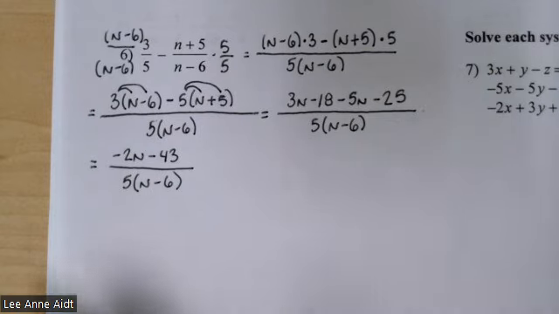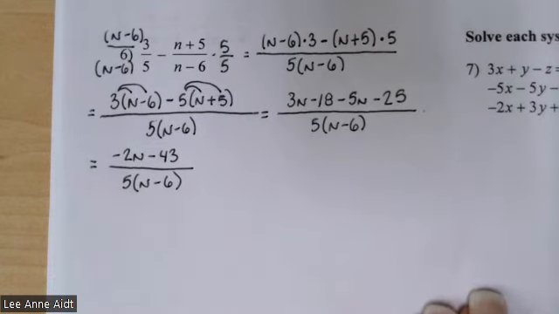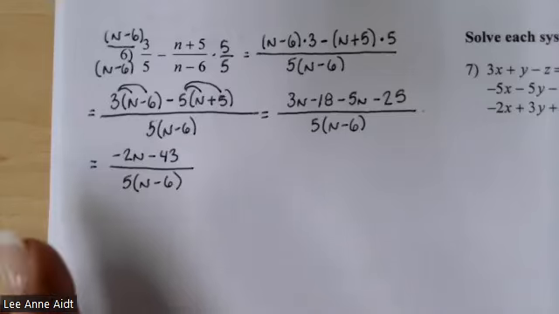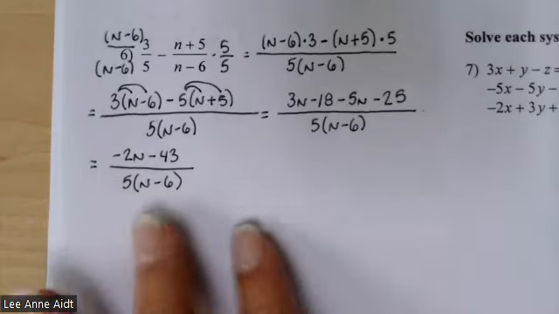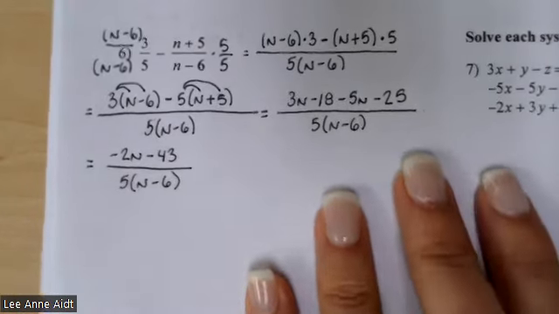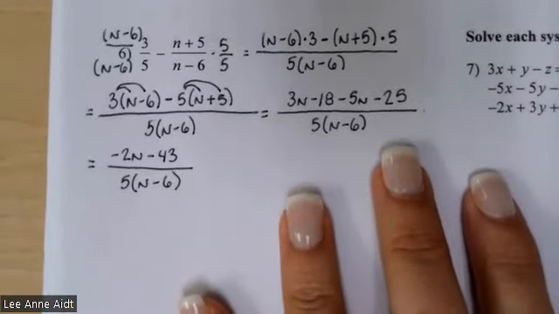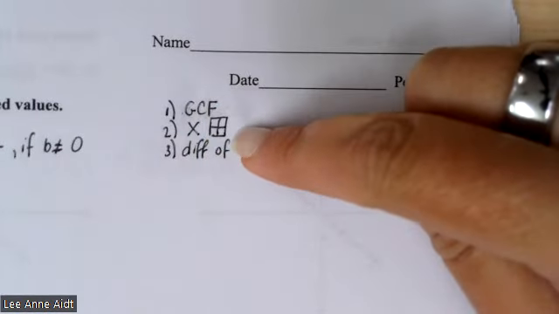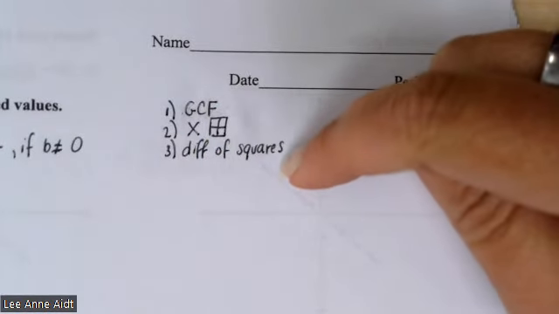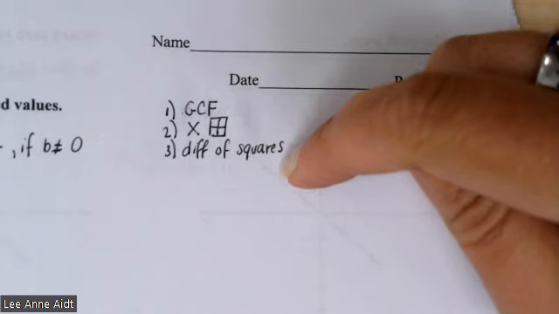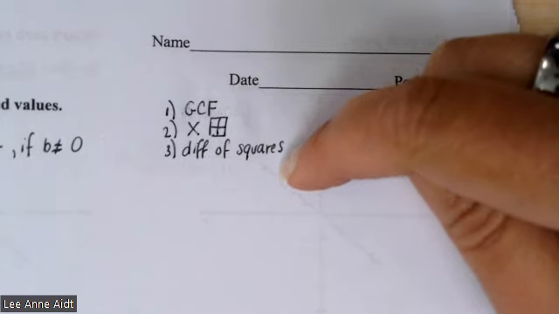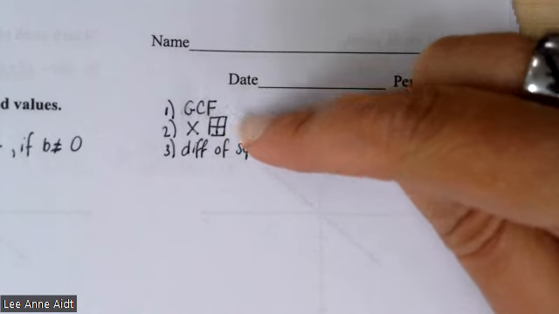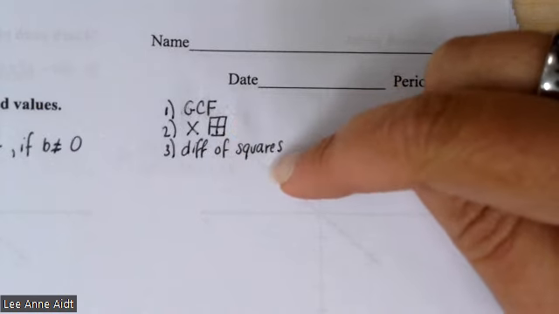Okay, now before we move on to number 7, I want to note this particular set of review notes had a lot of GCF in it. There are actually 3 different types of factoring that I need you to know how to do, though. That is GCF, diamond and box, and difference of squares. If you need to, on your note card, make sure that you have an example of GCF, diamond and box, and difference of squares.